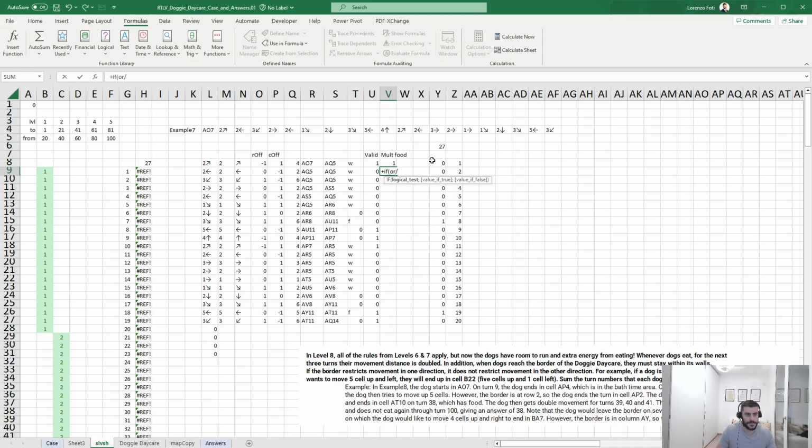If this equals food, it's two, otherwise it's one. Okay, so basically this doubled, fine, and then I will just need to say that in this case I'm moving times the multiplier. Is it that simple?